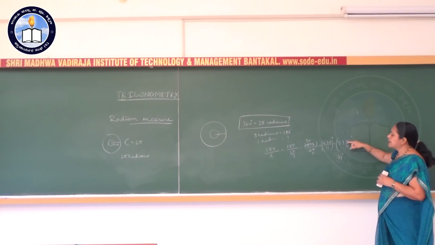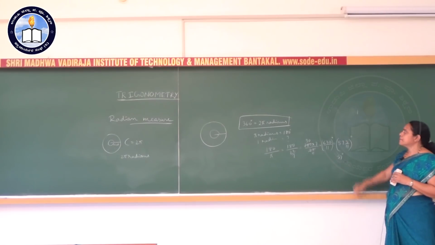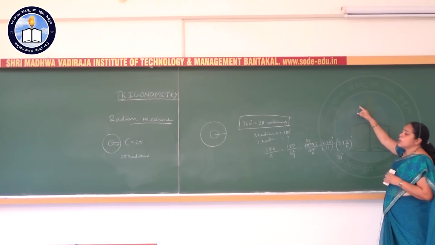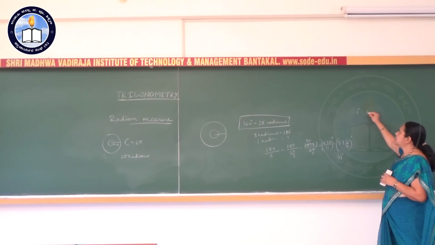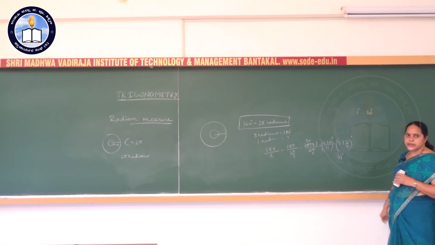So, how to convert degrees into minutes? We know 1 degree is equal to 60 minutes.